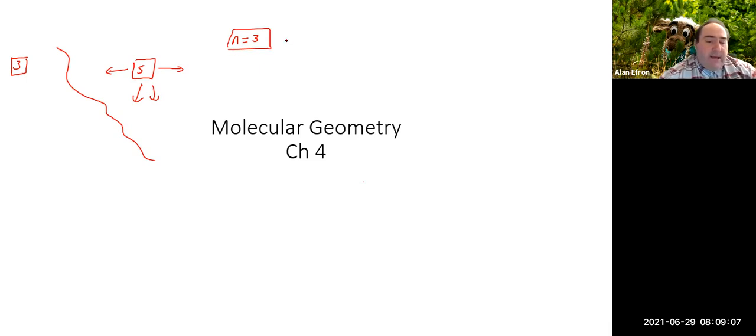Because of that, l values would be 0, 1, and 2, which means s orbitals are available, p orbitals are available, and most important for the expanded octet, d orbitals are available. Even though they may not be using those d orbitals right out of the box, as they start bonding they have them available to use to, if you want to think about it, stash all the extra electrons.